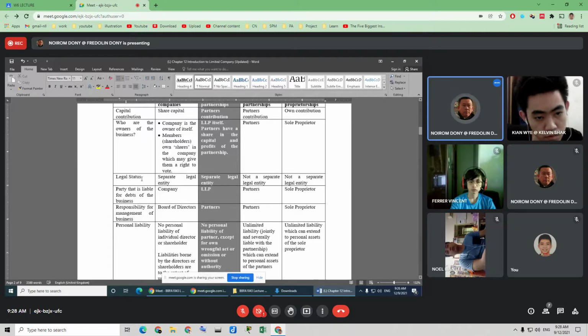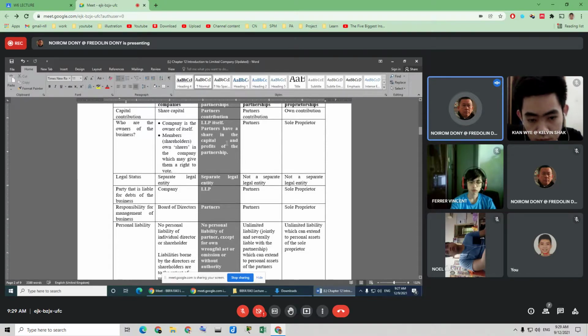Legal status. When we talk about legal status, okay, we are considering the status of the entity from a legal view. For a company, the company is considered a separate legal entity from the shareholders.